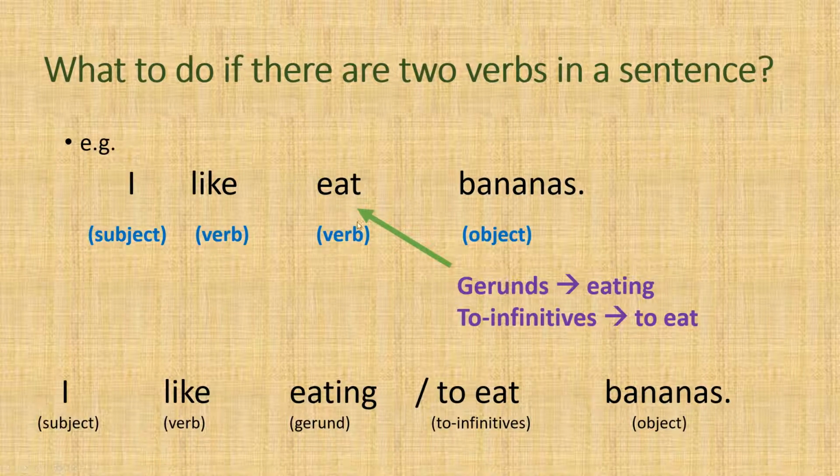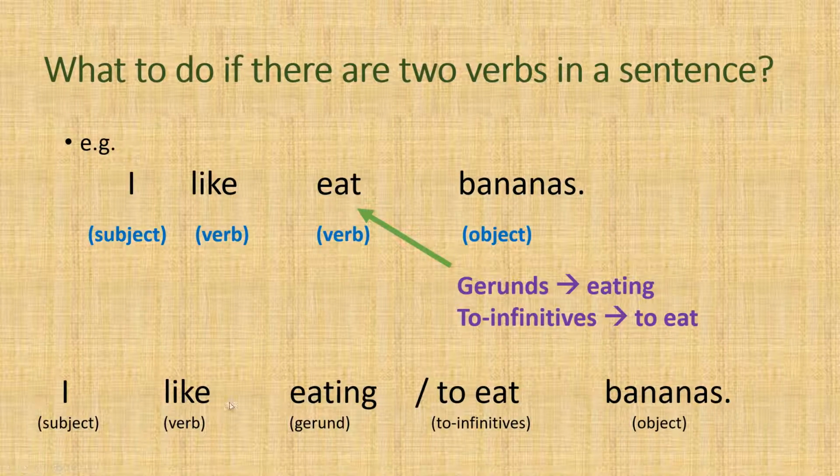Now, I think all of you can figure out which one is the main verb in this sentence. Yes, like is the main verb in this sentence. So, we can use gerunds or to infinitives to make the second action, in this case the verb eat, to be the gerund or to infinitive. Take a look at this sentence.